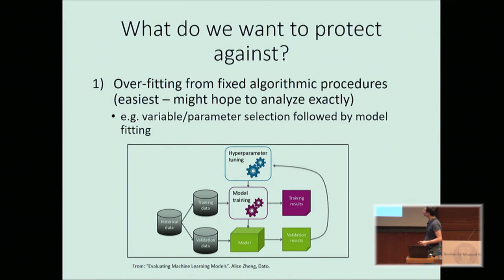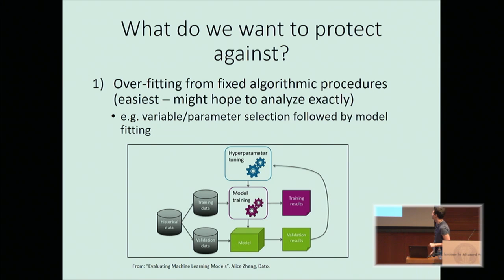Okay? Now, I think the easiest thing, I'm going to say easy not because actually carrying this out for any particular procedure might be mathematically easy, but easy in the sense that you can at least imagine straightforwardly how you might, in principle, do it. Right? The easiest thing to analyze is overfitting that results from fixed algorithmic procedures that you can specify exactly.